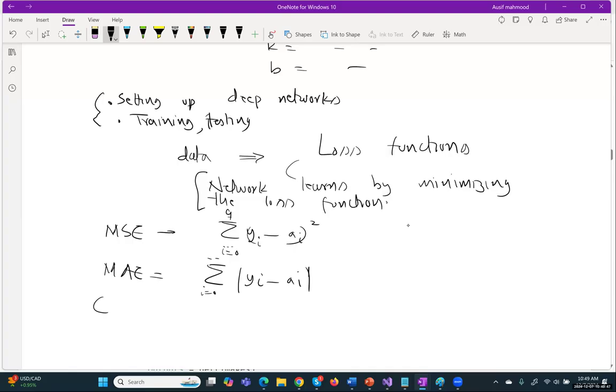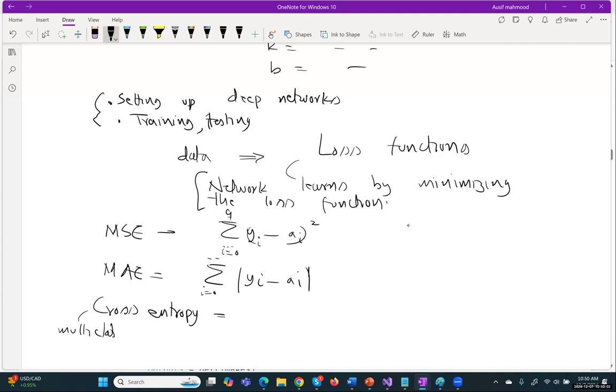Okay, we also talked about cross entropy as an example. Cross entropy is very useful in multi-class classification.